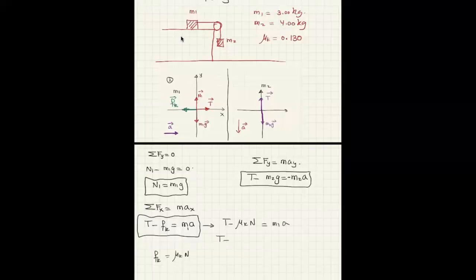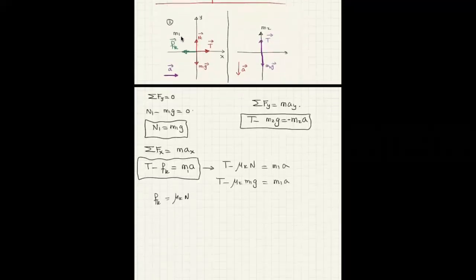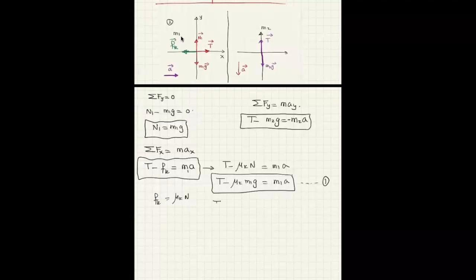I know also that the normal can be replaced by M1G. And now this is the final thing that I have. It is a little bit more complicated than the previous one.